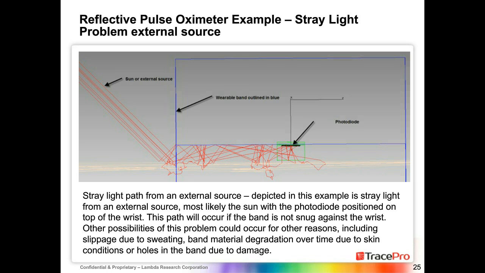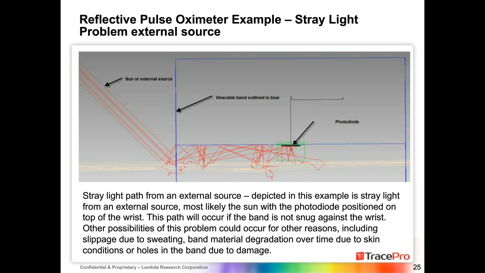It could happen due to slippage due to sweating. It can happen because there are holes or there's cracks in the band due to material degradation, due to skin lotions or whatever that we've put onto the skin. And, of course, there's a possibility of damage to the band itself, falling. There's a crack in the band, something of that nature, and light just gets in because of it.